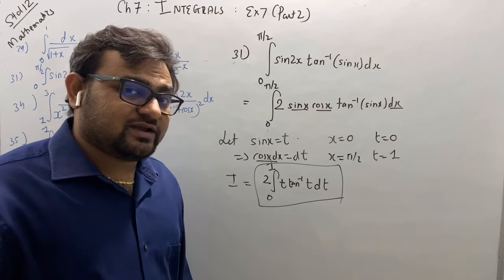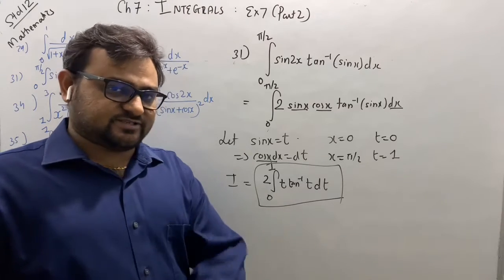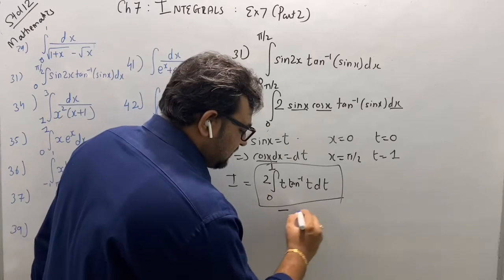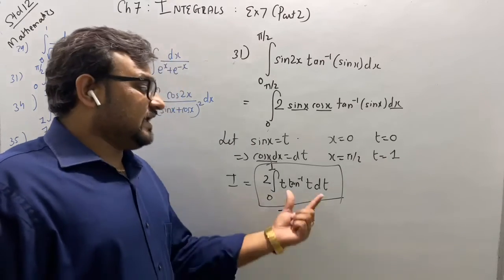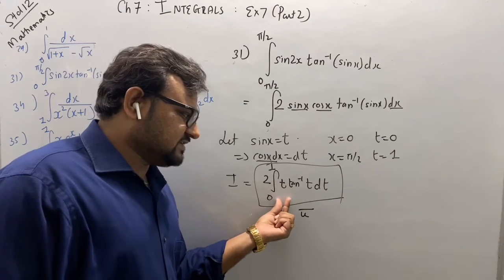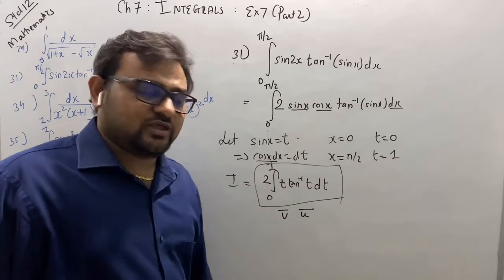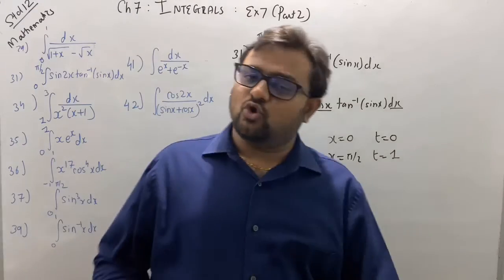How will you solve it? Integration by parts, U V, using ILATE: inverse trigonometric, algebraic. So you can solve it by integration by parts and then put the upper limit and lower limit, right?